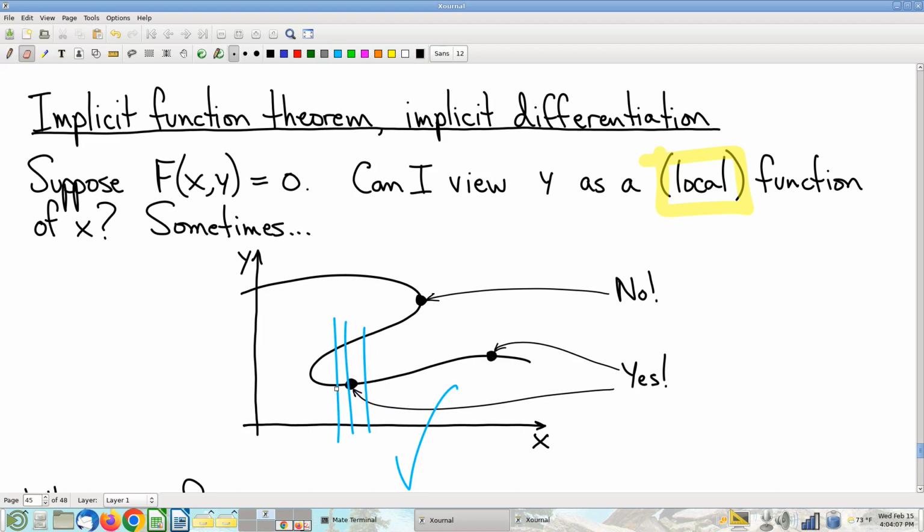Okay. All right. Here's where the problem is. So what I want to worry about for the purposes of the implicit function theorem, what does the implicit function theorem address? It addresses problems like this point. This being the vertical point there on the curve, if you will.